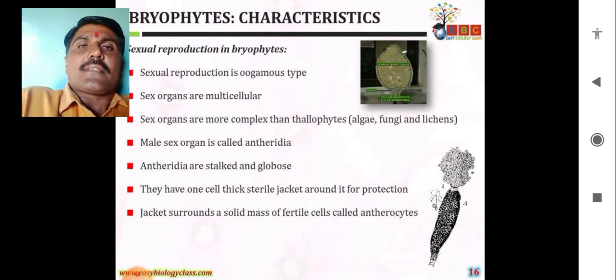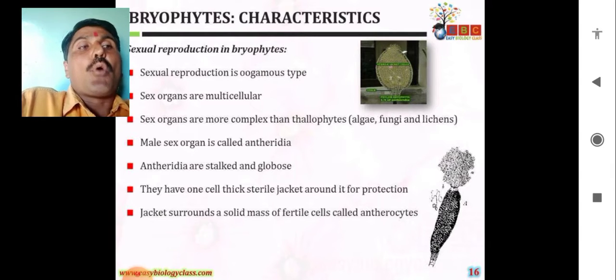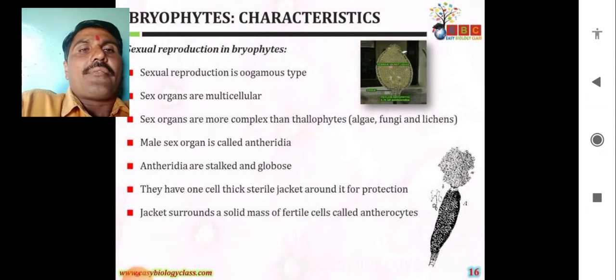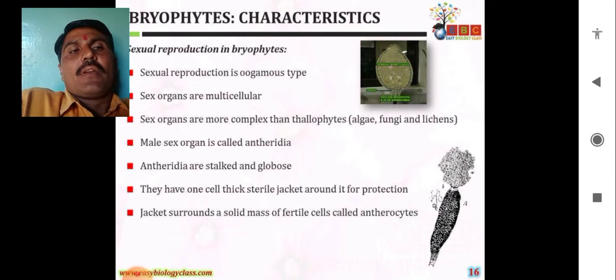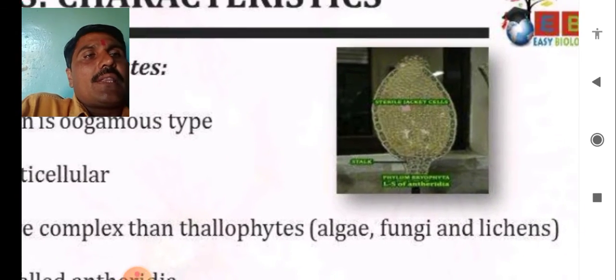In the bryophytes, the male organ is called the antheridium, and the antheridia are stalked and globose. Well, you can see in this diagram that they have a one-cell-thick sterile jacket around them for protection, and this jacket surrounds a solid mass of fertile cells. This surrounding mass is known as the androcytes.